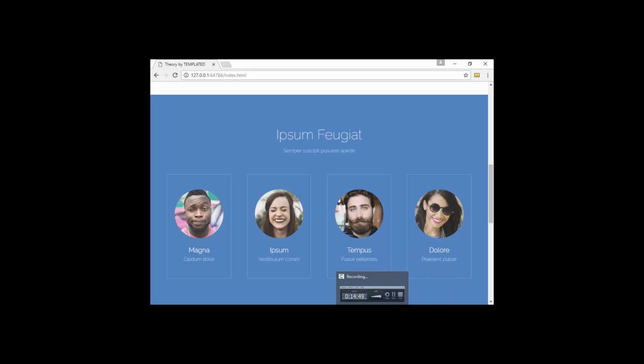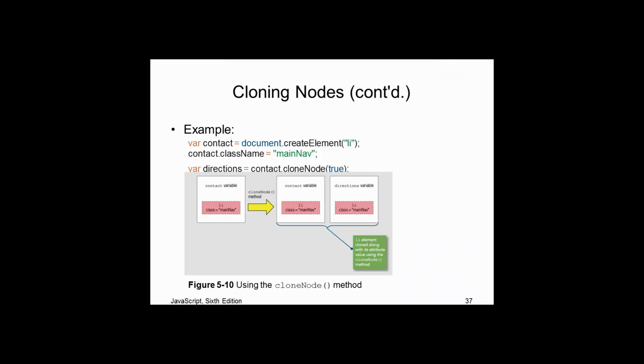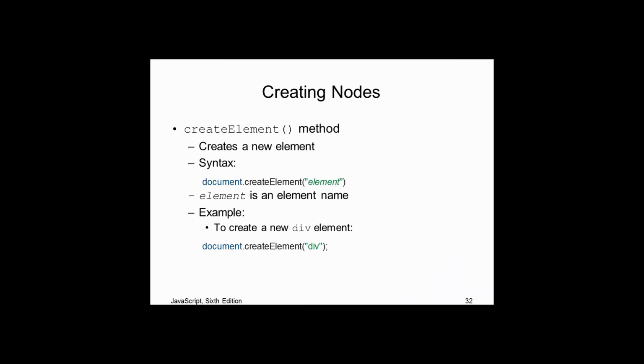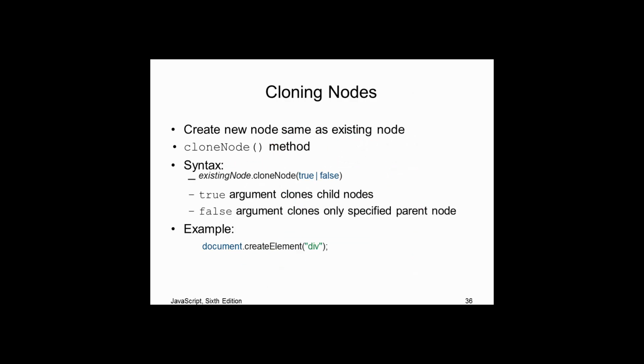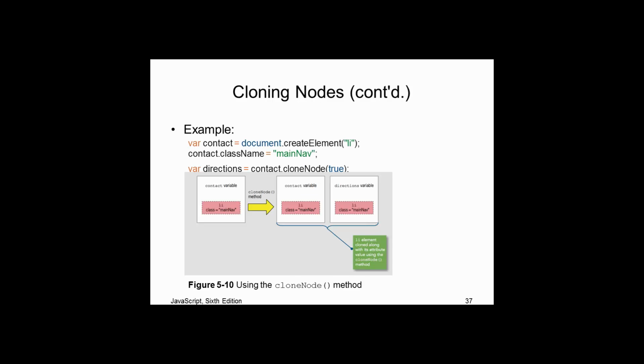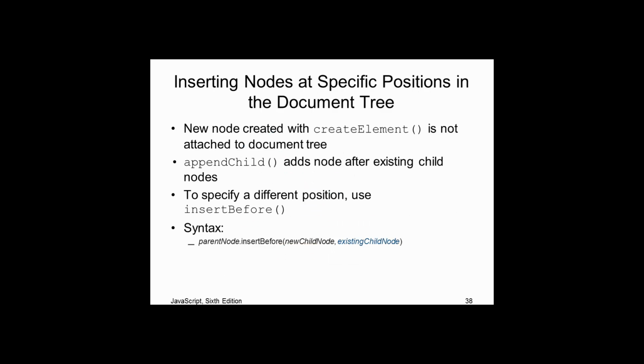Okay, let's move on to the next topic because we talked about creating nodes, attaching nodes, cloning nodes. And once you've cloned a node, we've also attached one of those. But right now, you can only add something.